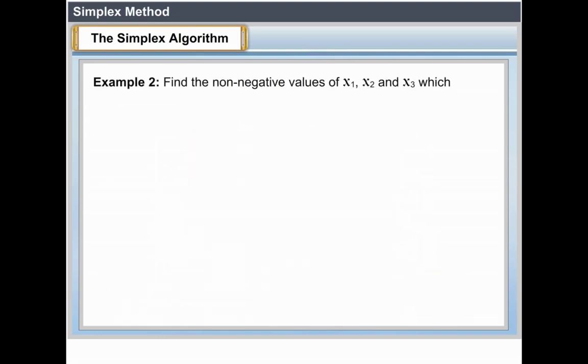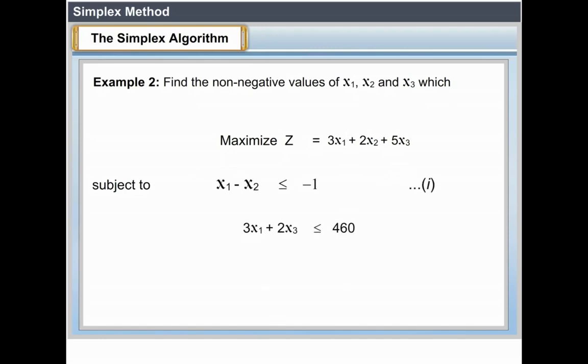Example 2. Find the non-negative values of X1, X2 and X3 which maximize Z equal to 3x1 plus 2x2 plus 5x3 subject to x1 plus 4x2 less than or equal to 420, 3x1 plus 2x3 less than or equal to 460, x1 plus 2x2 plus x3 less than or equal to 430.